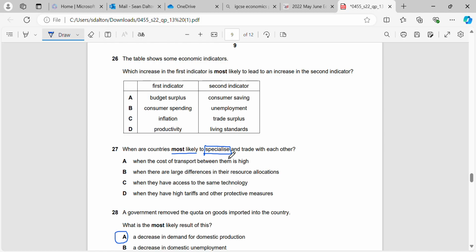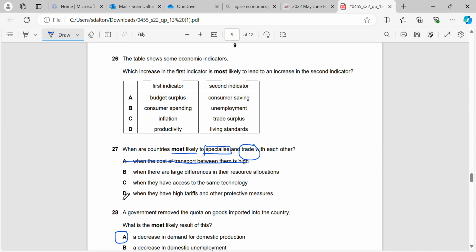It may be easier to make rice in China because of the climate that they have, whereas it may be easier to make potatoes in the UK or in Ireland because of their climate. So when the cost of transportation between them is high, what's that going to do? That's going to restrict trade. That's not going to enable trade.